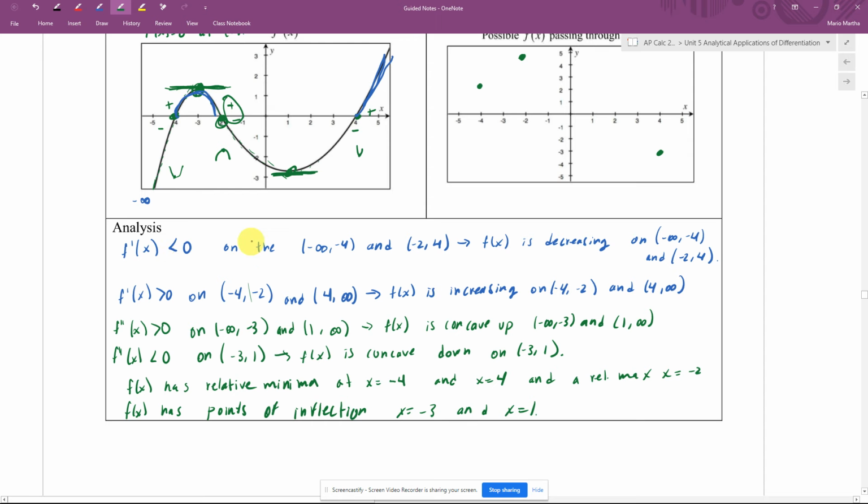Okay. So now we're going to draw this graph. So again, f prime of x is negative from negative infinity to -4. So that means it's decreasing, right? It's coming down from the left side. And then it changes signs, meaning it starts to get positive. So it curves down and then it goes back up. And then again, it changes from positive to negative, meaning it's going to curve back down.